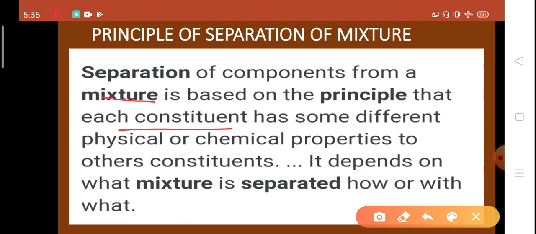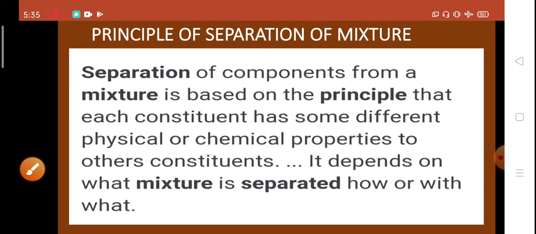It depends on what the mixture is, and how or with what it is separated. Obviously each and every component is different, so according to that their properties will also differ, and depending on this we generally separate the mixtures.